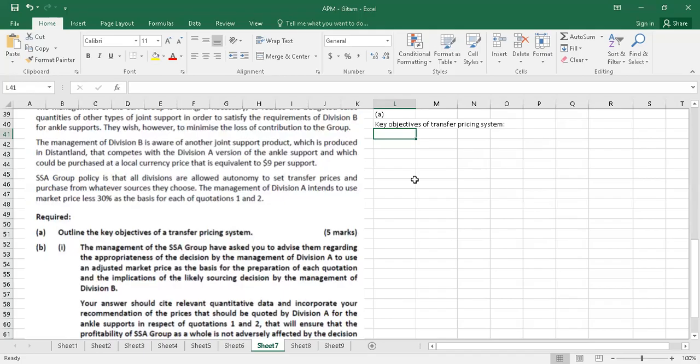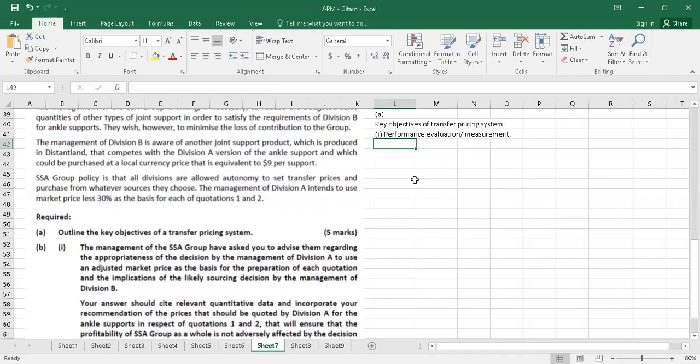So we can write it here as: to measure the performance of each of the divisions, a transfer pricing system is followed in the organization.